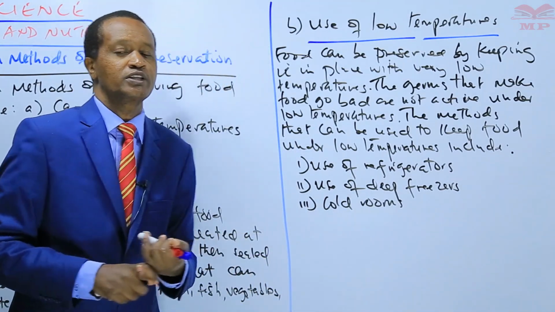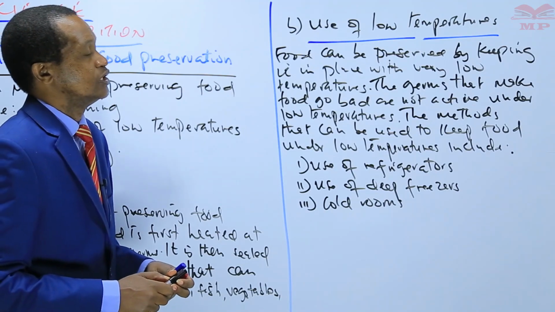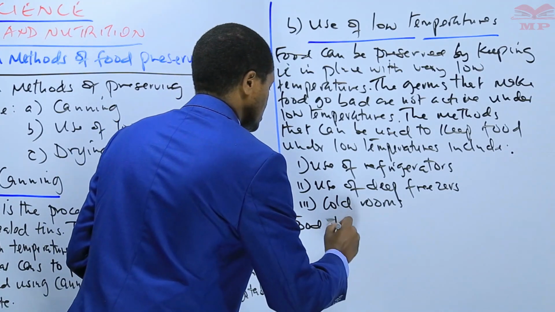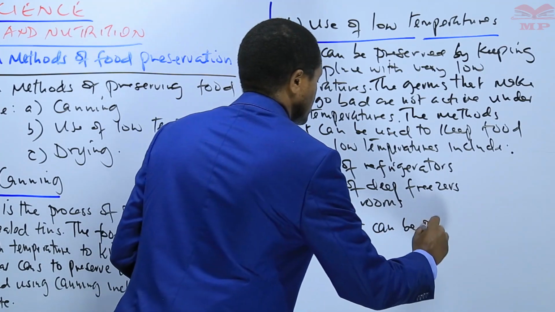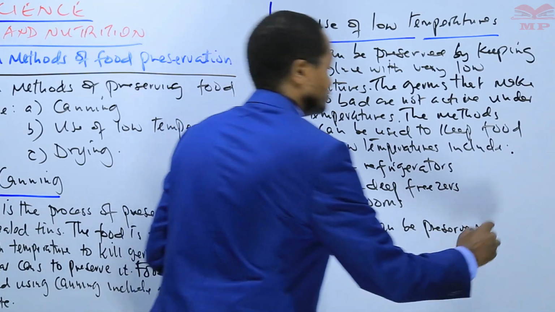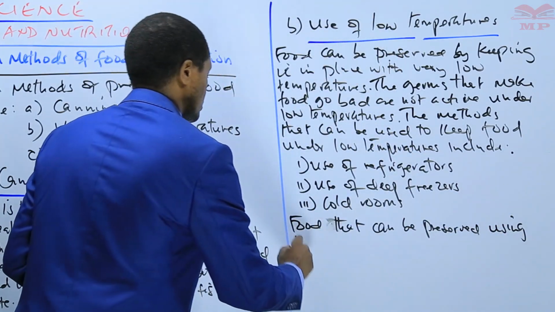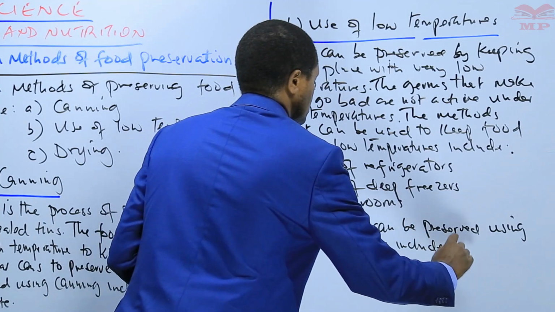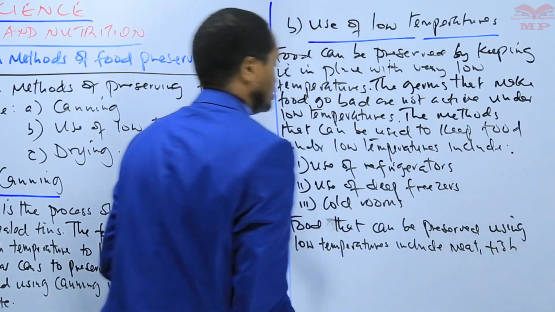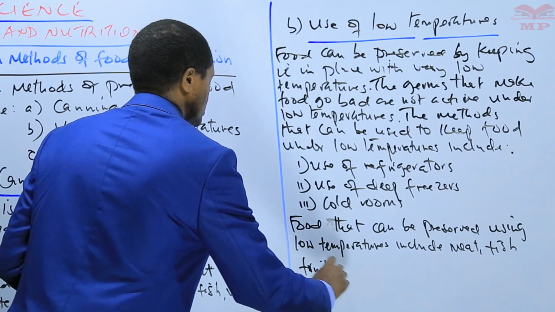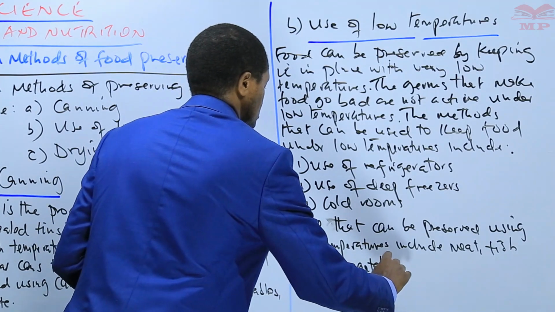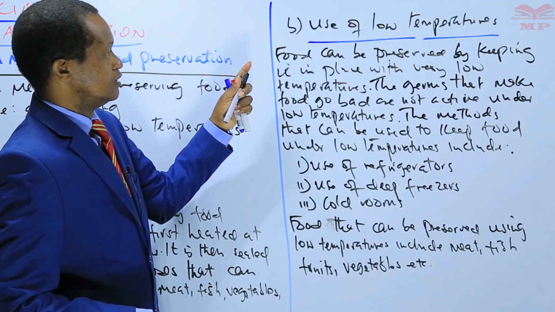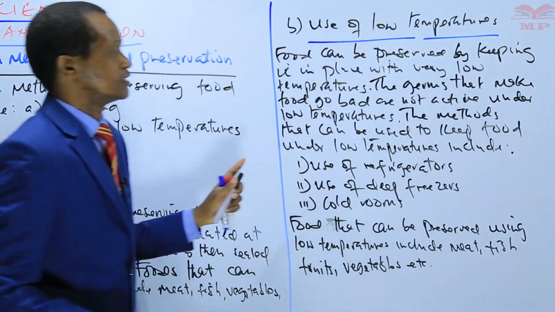And I've mentioned the foods that can be preserved using low temperatures, which include meat, fish, fruits, vegetables, etc. So, learners, this is a method we are calling use of low temperatures.